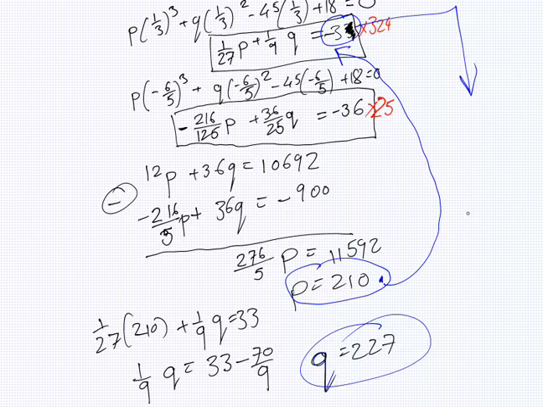Simplify, factor. Okay, did I type it in wrong? Do I have the signs right? Were they both positive? I thought one of them was negative. Was it 210 or minus 210? It's 210. I say 15 and minus 33.